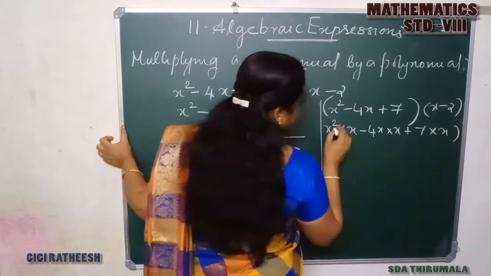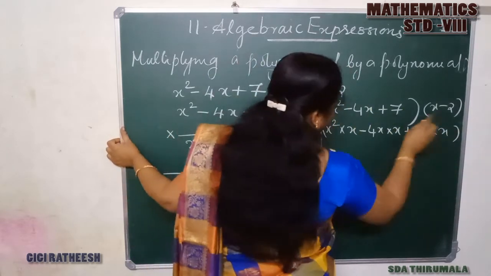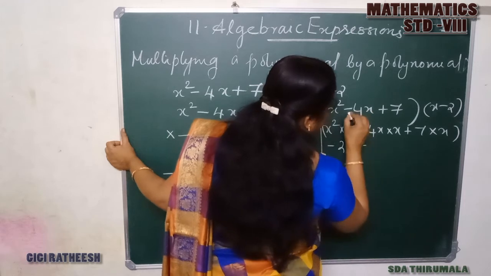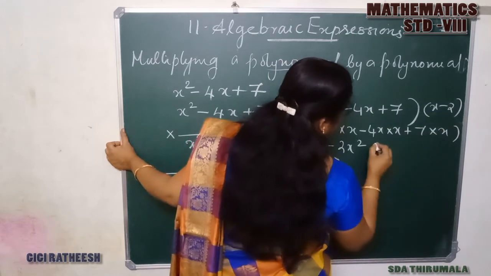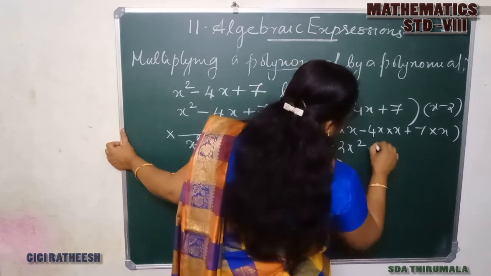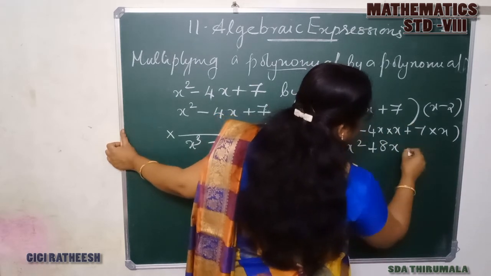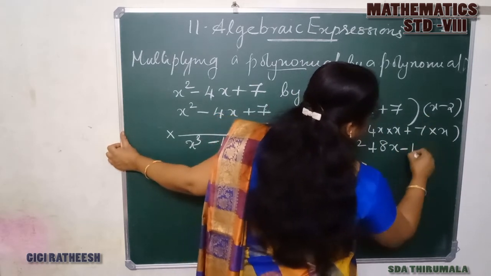And after that, x square into minus 2 is minus 2x square, and then minus 4x into minus 2 is plus 8x, and then plus 7 into minus 2 is minus 14.